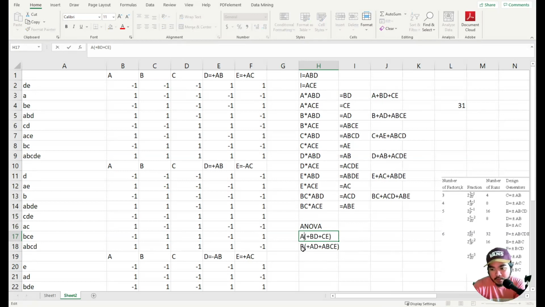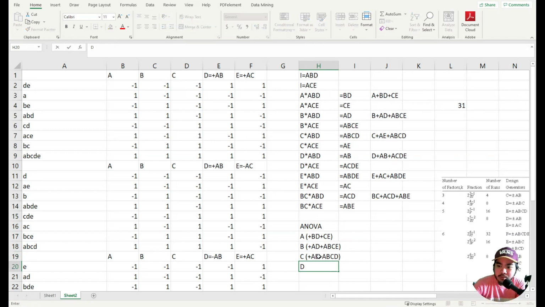Tapos ito, factor B, AD, ABCE. So this is also one way to place it. No? So para ito, in this case, mas malinaw sa atin kung main factor A, main factor B, main factor C na confounded lang with AE plus AB, CD.